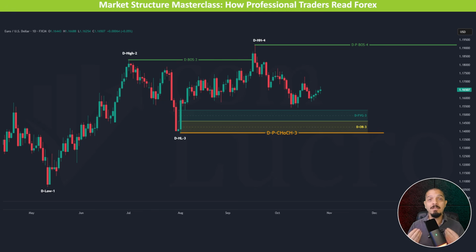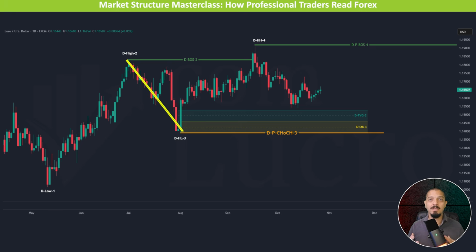Starting from the beginning of the daily structure, the first reference point is daily low 1. This level marks the exhaustion of the previous bearish movement on the daily time frame. From this low, price expands upward and produces daily high 2. This movement represents the first impulse of the developing bullish structure on the daily chart. After this first expansion, price enters a correction phase.